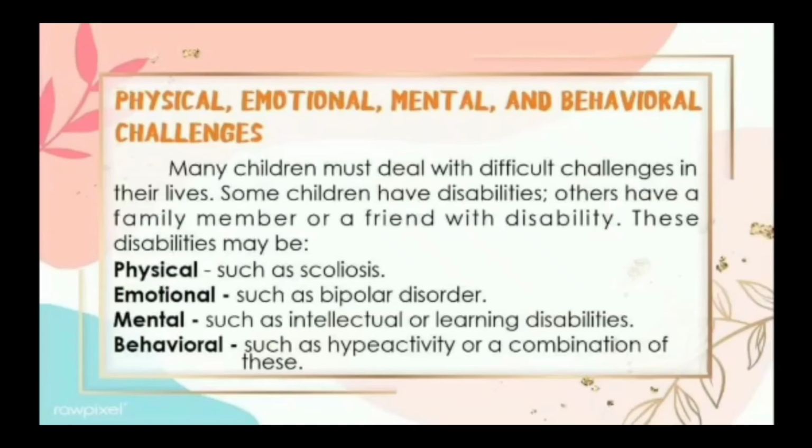So the first one we have is physical, such as scoliosis. Scoliosis is a condition in which there is a side-to-side curve of the spine. Next we have emotional, such as bipolar disorder.